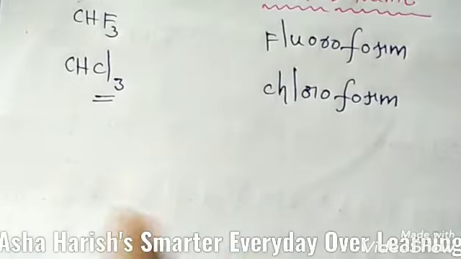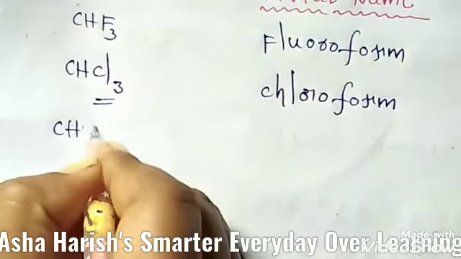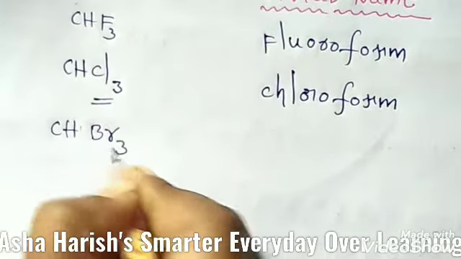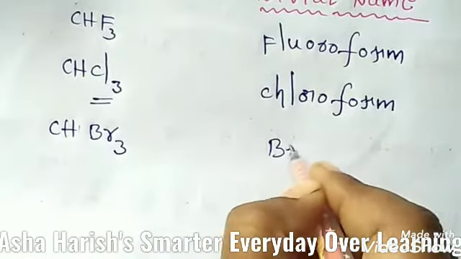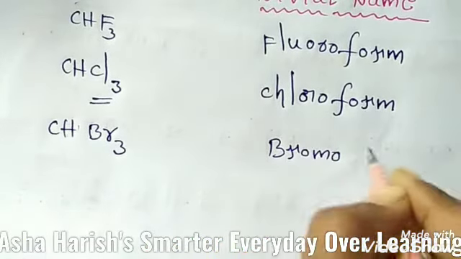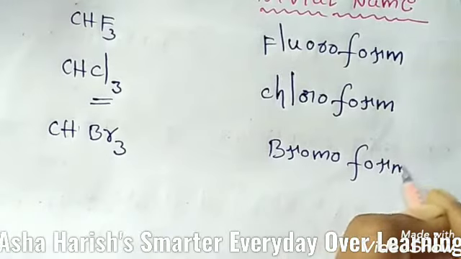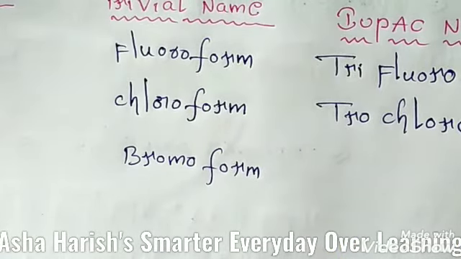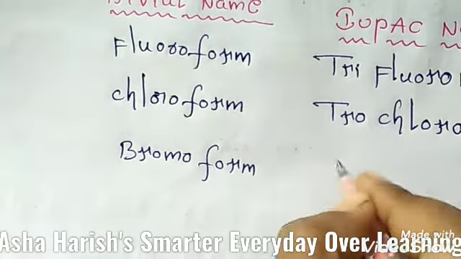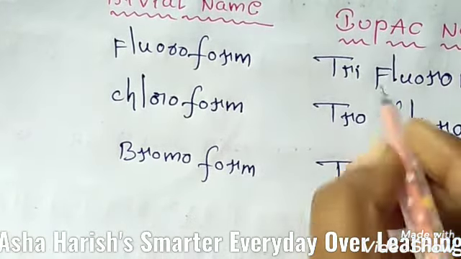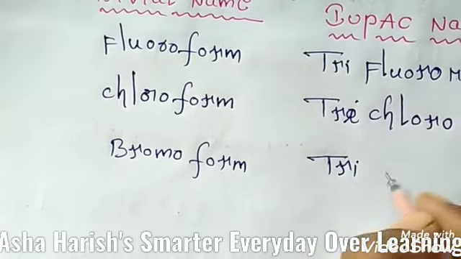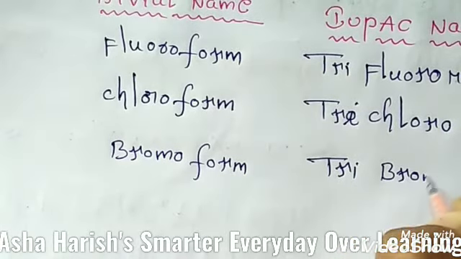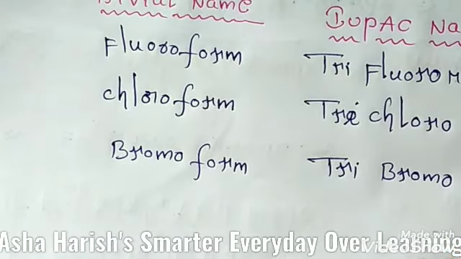Right, and students, next one, let's see CHBr3. Here, bromoform. Bromoform is the trivial name, and for this the IUPAC name, yes, your guess is always correct, tribromomethane. Why?